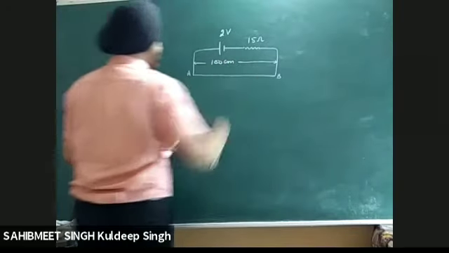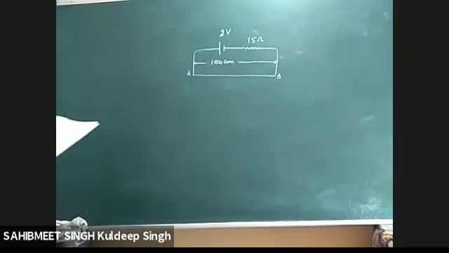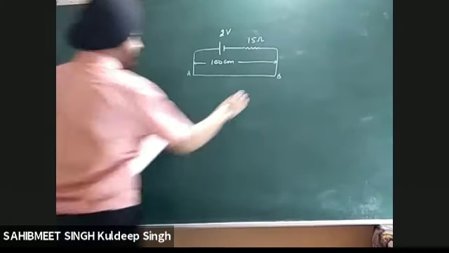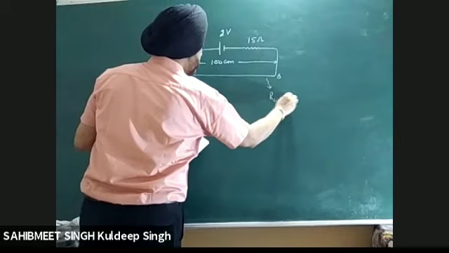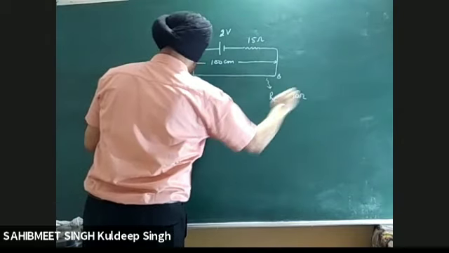This is a potentiometer, not a bridge. And the resistance of this wire is also given: resistance of the wire, 10 ohm.